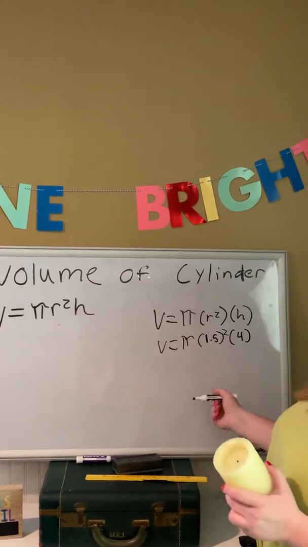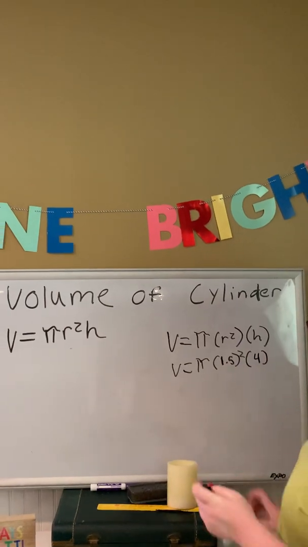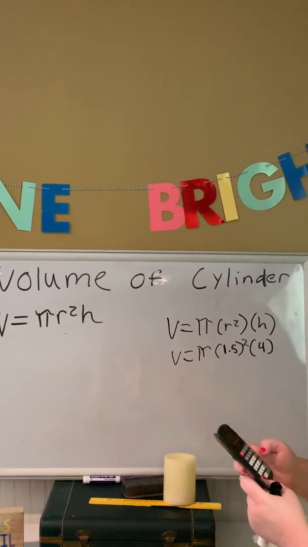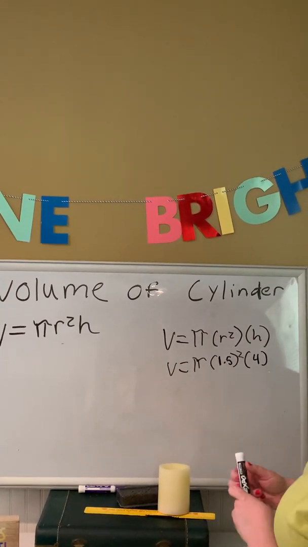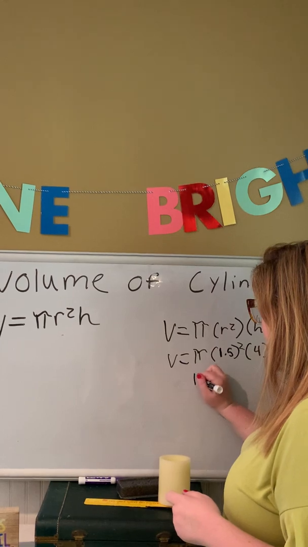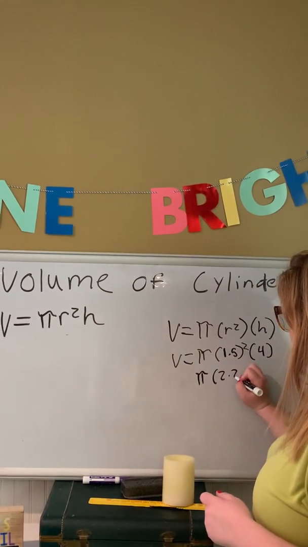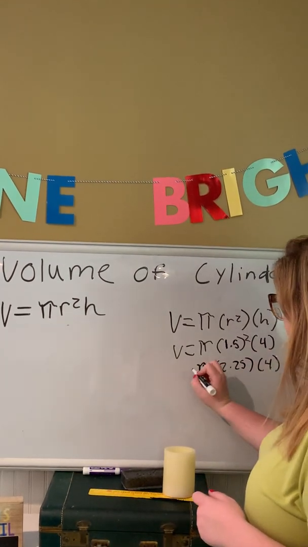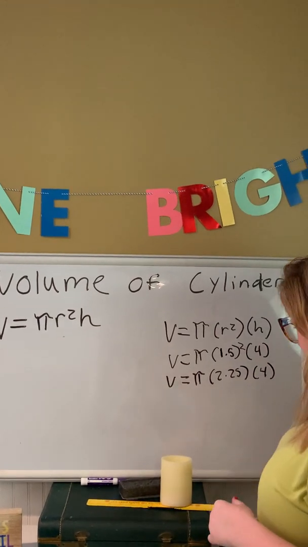And now we are going to see what is 1.5 squared. That equals 2.25. So now you just put that all in the calculator.